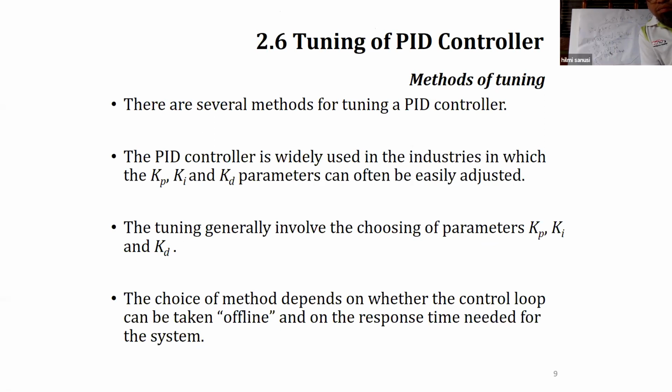So the choice of methods depends on whether the control loop can be taken offline and the response time needed for the system. So kalau untuk Ziegler-Nichols, kita nak fine tune, kita kena dapatkan open loop dulu. Kita kena tahu what is the open loop system punya response. Open loop transient response. Then only we can do this PID punya tuning.